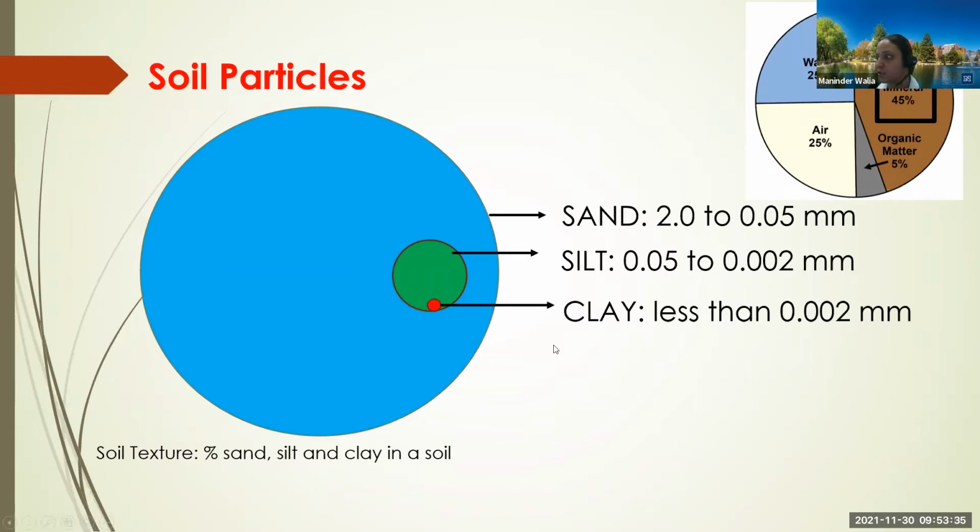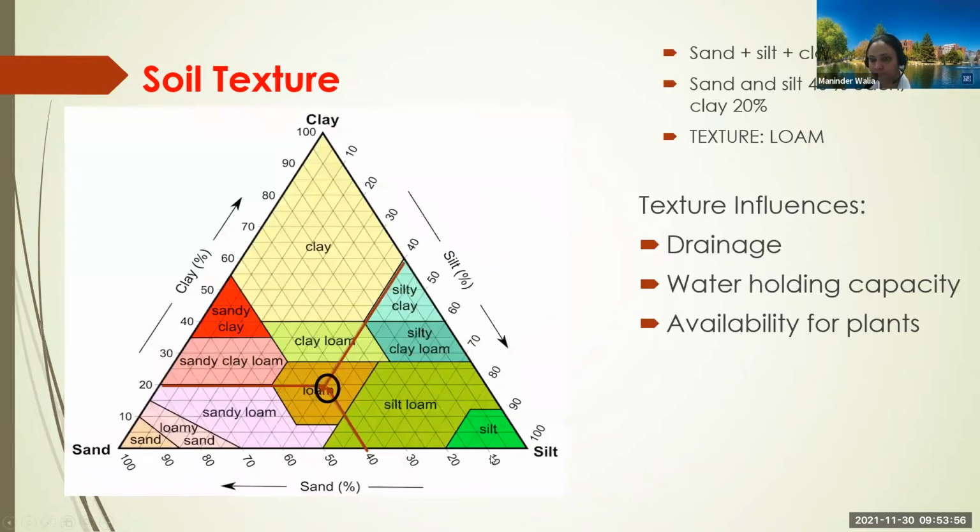For instance, in soils high in clay, the movement of water and air is very slow, and although there is a tremendous capacity to absorb water, not all the water is available to plants. It is also important to know that soil texture is not subject to change in the field, even with management practices.